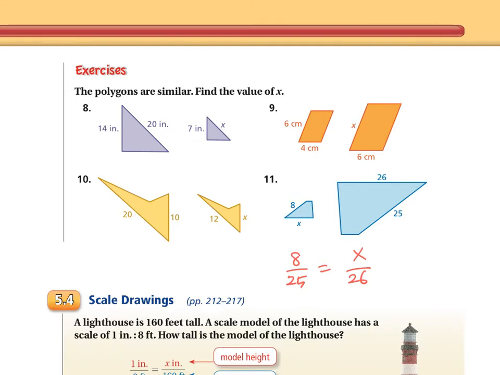After I set up the equations, I work with a butterfly because I don't have any numbers that would make 25 to 26 other than decimal numbers. So 25x equals 8 times 26, which will give you 208. And if you divide both sides by 25, x is going to be 8.32.